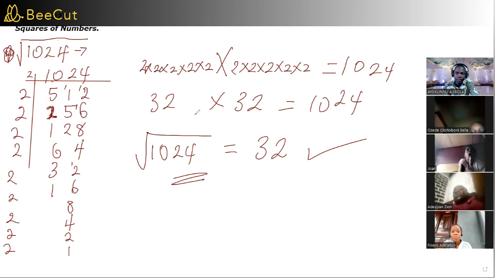So let me ask one of you questions. Bella, unmute yourself. What is the cube root of 64? Did you hear my explanation? Yes, sir. Okay, so what is the cube root of 64?